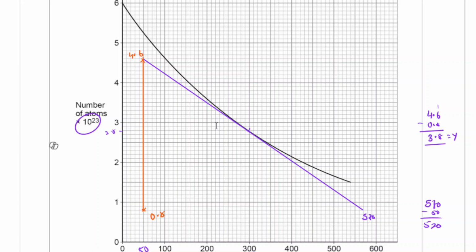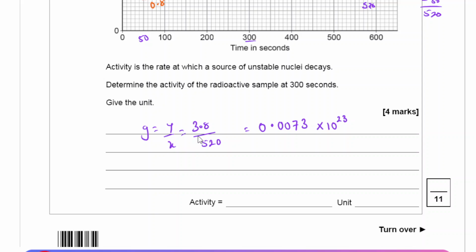I didn't write times 10 to the power 23, and I wrote 3.8. So this number can be written as 7.3 times 10 to the power 20.